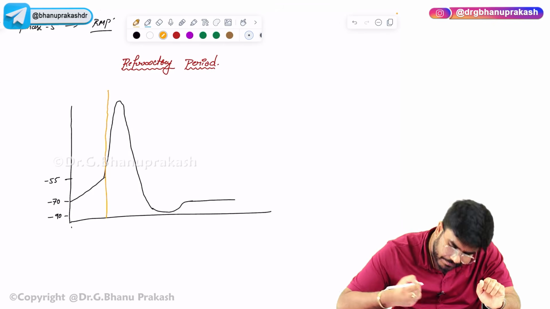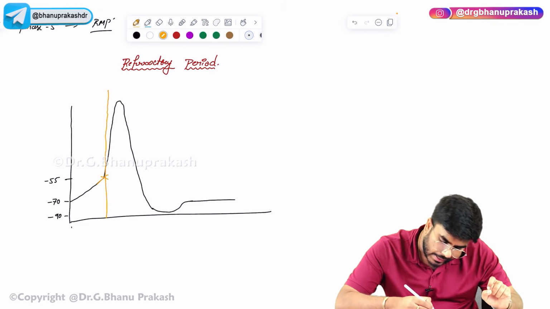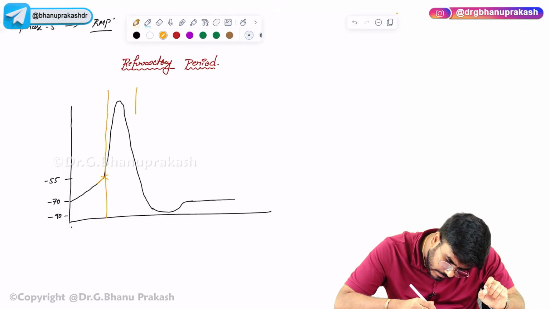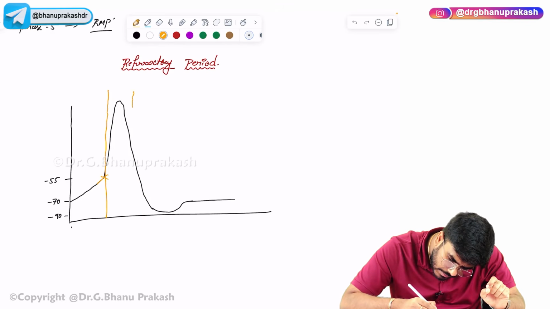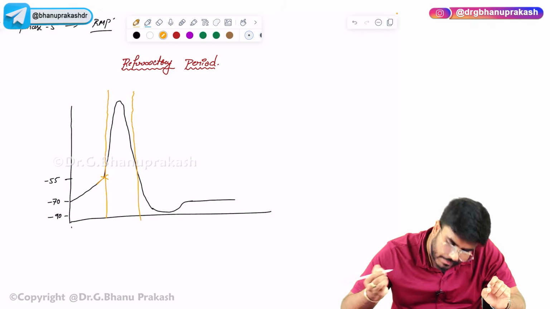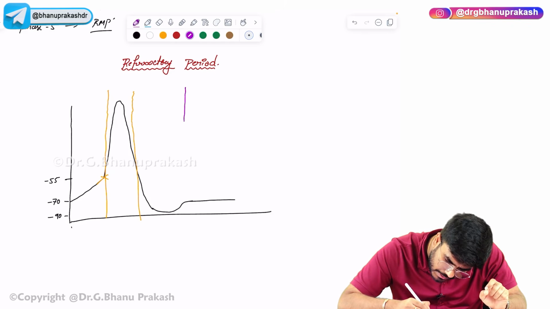This is the area where the neuron is getting depolarized. In this area, repolarization is happening. Now this area is in the hyperpolarization state.